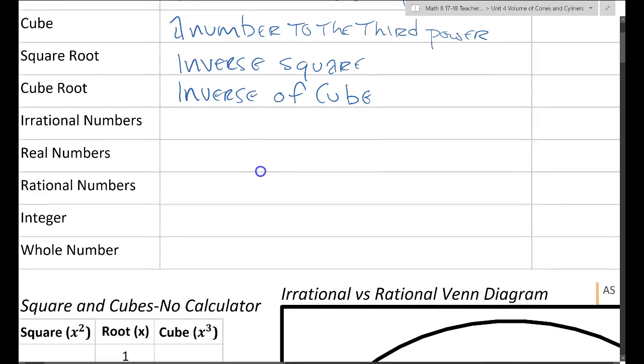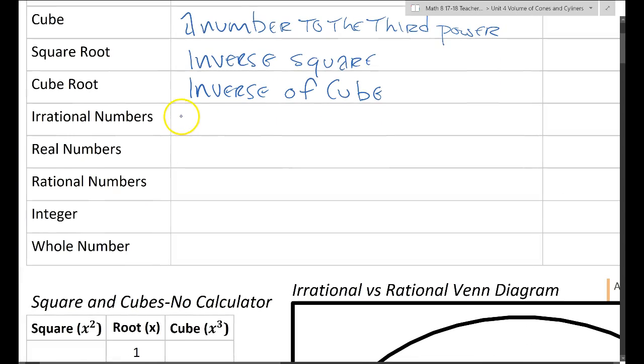Now, the big ones, irrational numbers. Irrational numbers are never ending, non-repeating, not fractions.